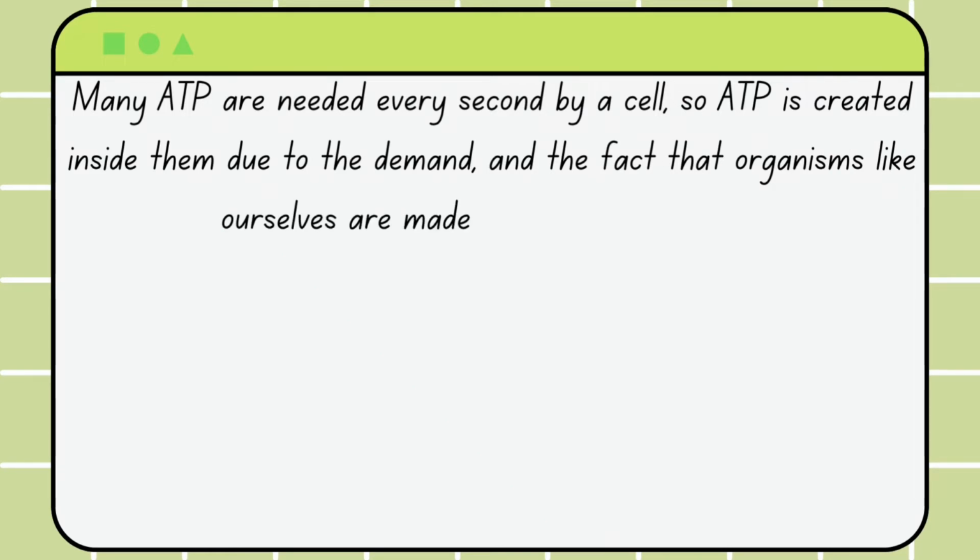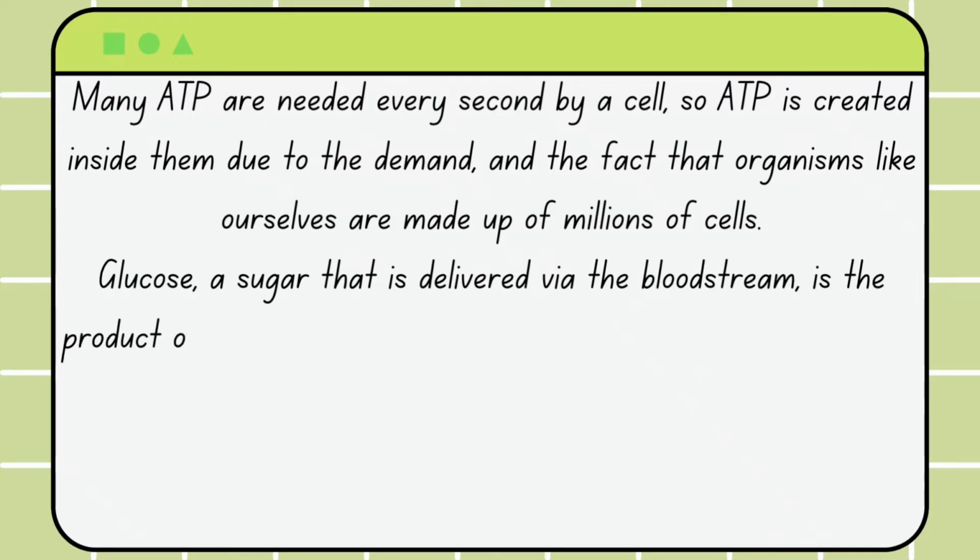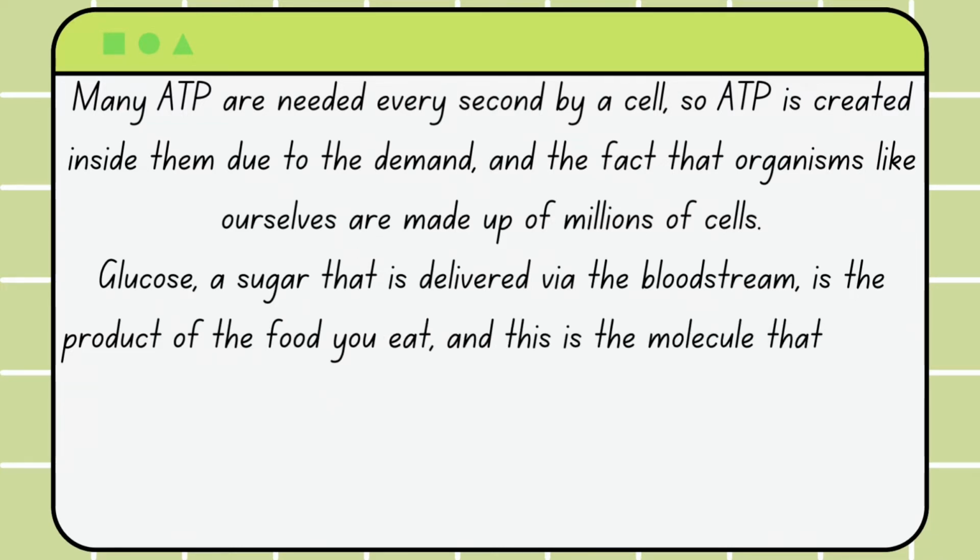Glucose, a sugar that is delivered via the bloodstream, is the product of the food you eat, and this is the molecule that is used to create ATP. Sweet foods provide a rich source of readily available glucose, while other foods provide the materials needed to create glucose.